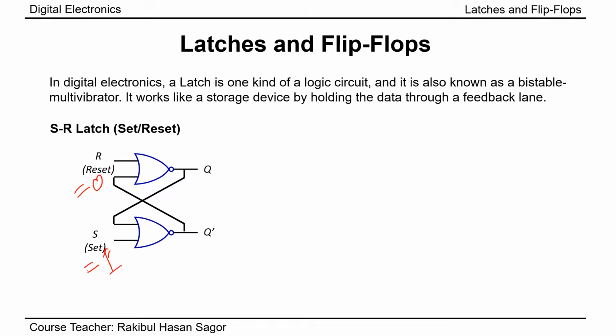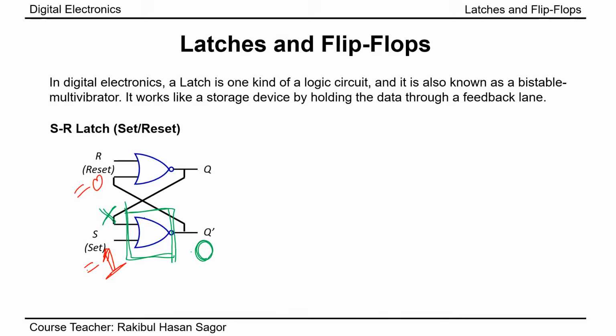If S equals 1, then one of the inputs of the first NOR gate is 1, so I do not care about the other input, and the output here will be definitely 0.